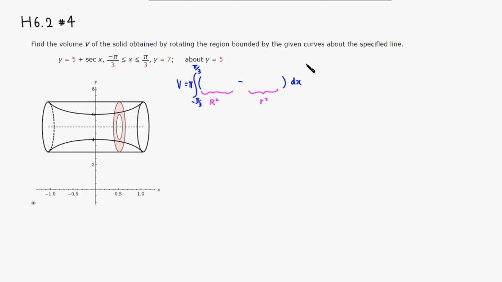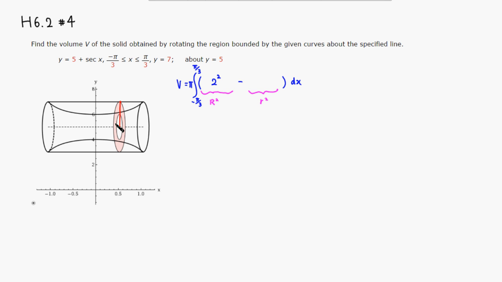Outer radius is fairly easy to find because you're going to start from 5, and then here is going to be 7. So between 5 and 7, the radius is constant. It's going to be 2, squared. And then inner radius, so we have to look at this curve here.